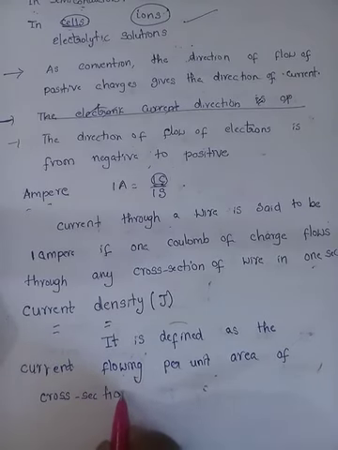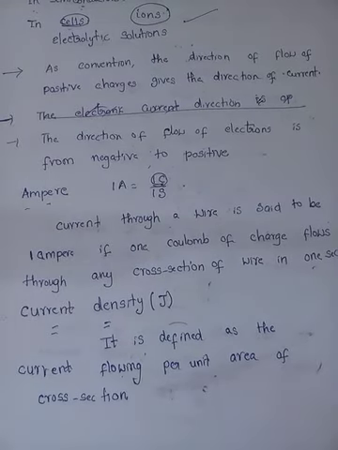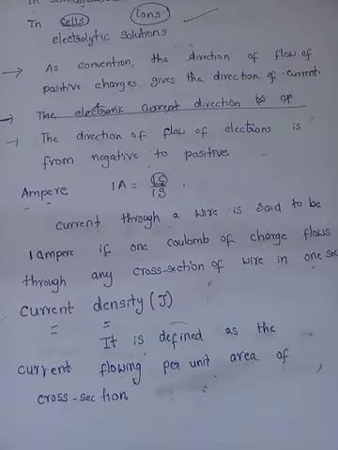The rate of flow of charge per unit area of cross section, or current flowing per unit area of cross section, is called current density. So we can define it like this, and from the same definition we are going to write the formula.